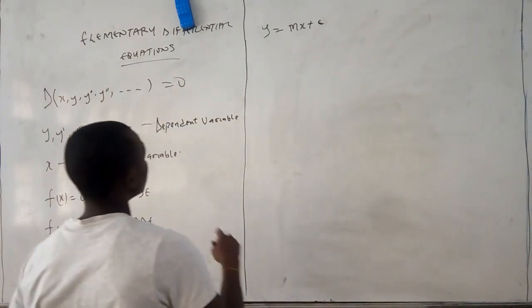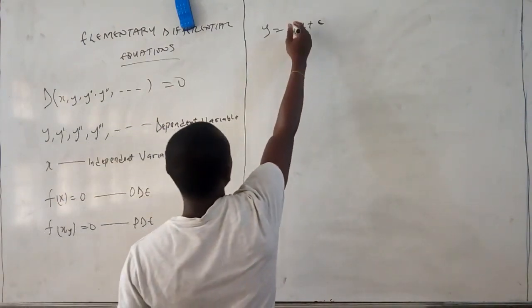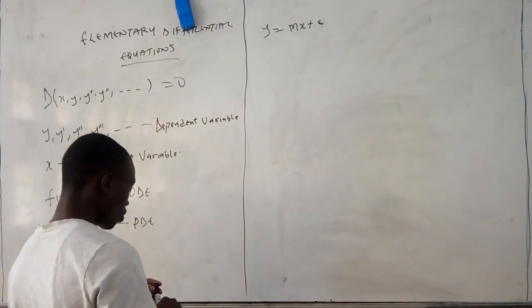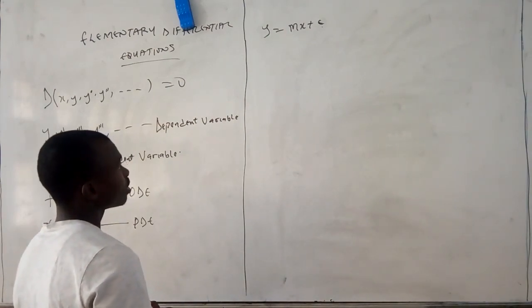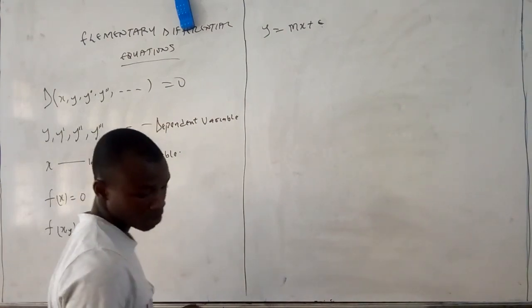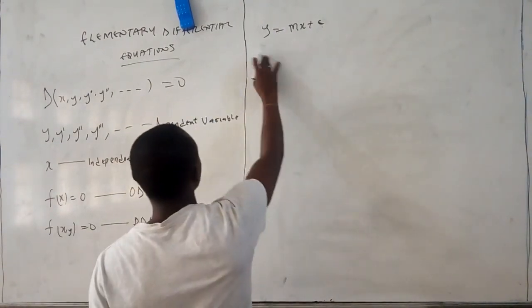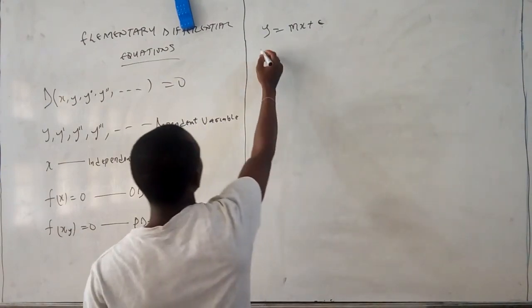To get the differential equation of this, you have to remove this constant m and c. So the number of constants will determine the number of times you differentiate a function. This contains two constants, so it is expected you differentiate it twice.